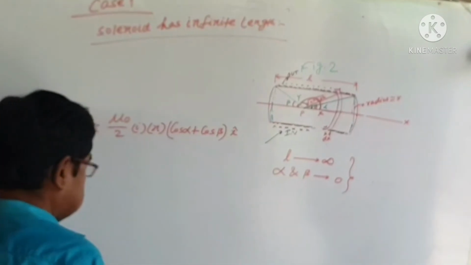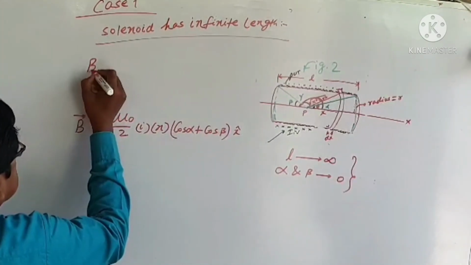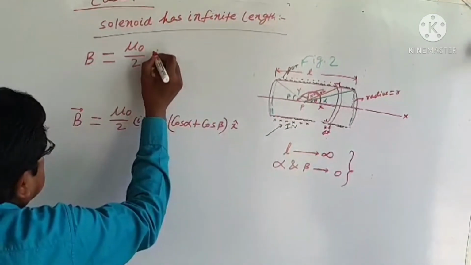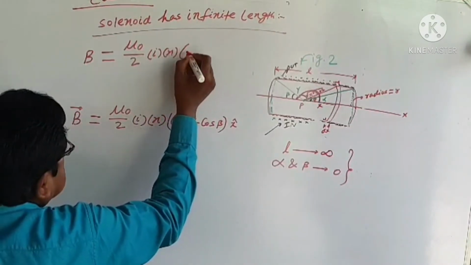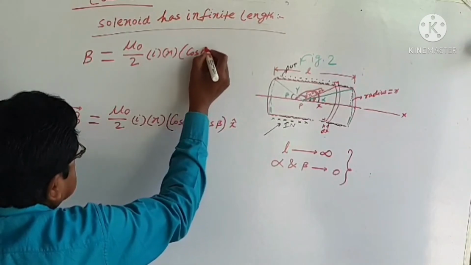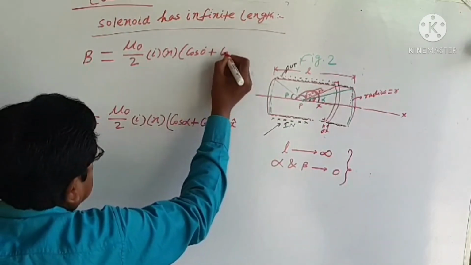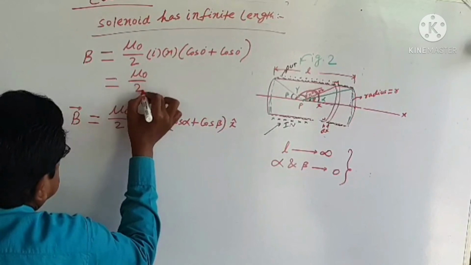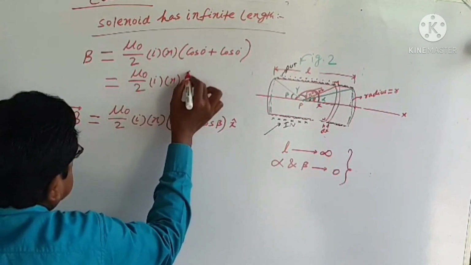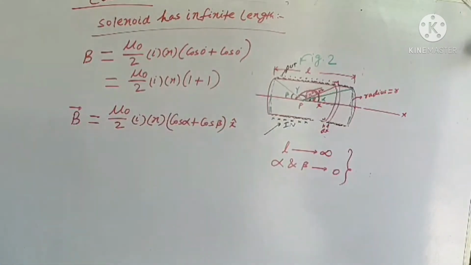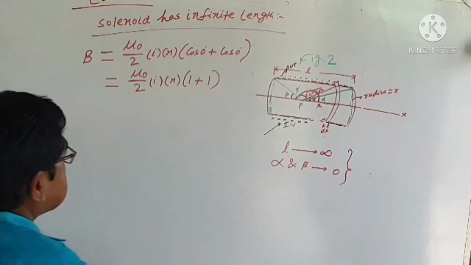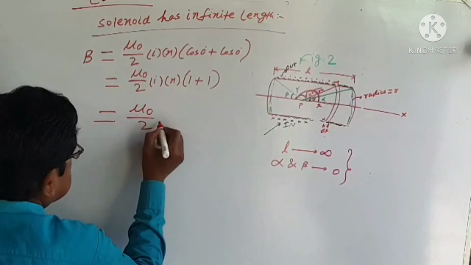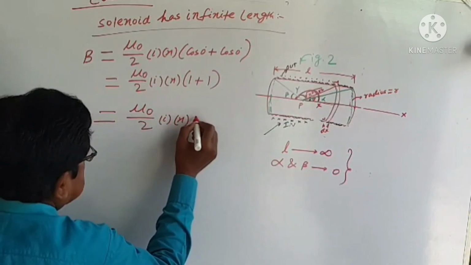Then the magnitude of magnetic field intensity B is equal to mu naught upon 2 I n, cosine of alpha, this is cos 0, plus cosine of beta, this is also cos 0, which is equal to mu naught upon 2 I n times (1 plus 1), which is mu naught over 2 I n multiplied by 2.